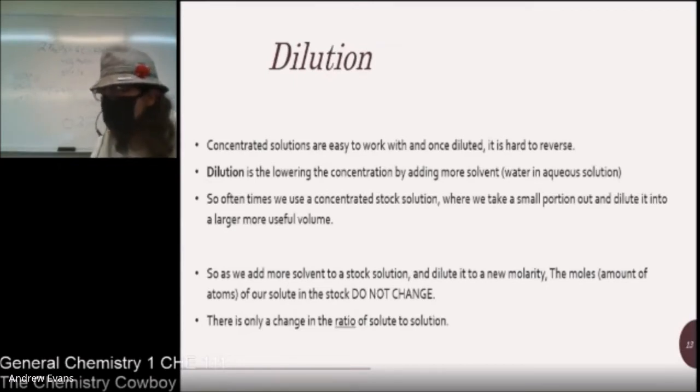So if when I extracted out 10 mLs of acid, it has 55 atoms of acid in there, and I add 100 mLs of water, how many atoms of acid are in there? Still 55. If I drank the whole thing, I would still be getting 55 atoms of acid.